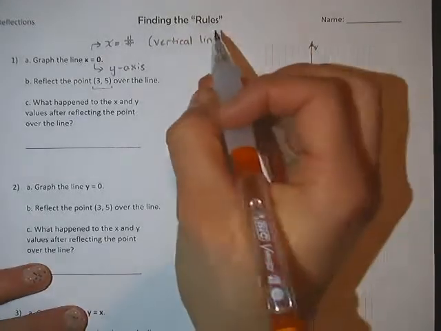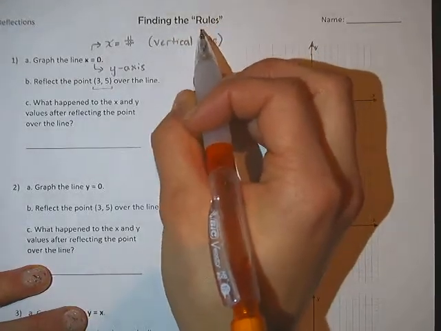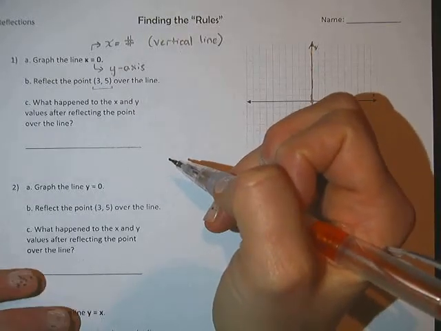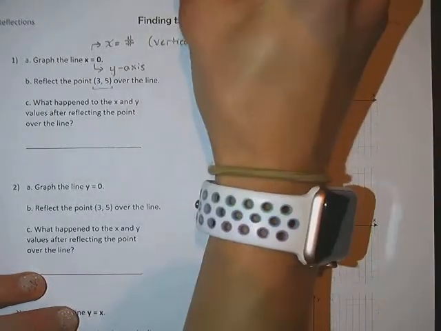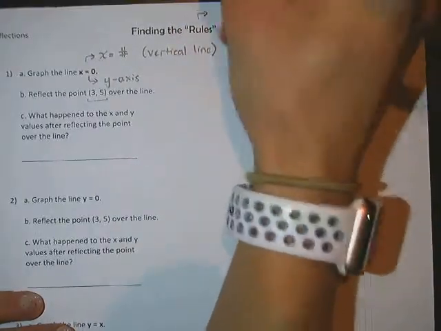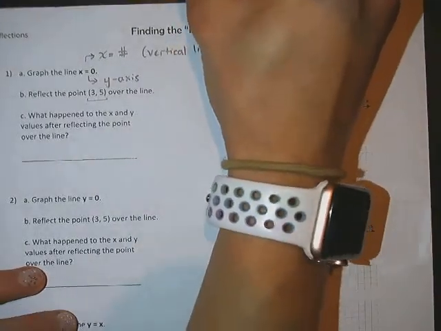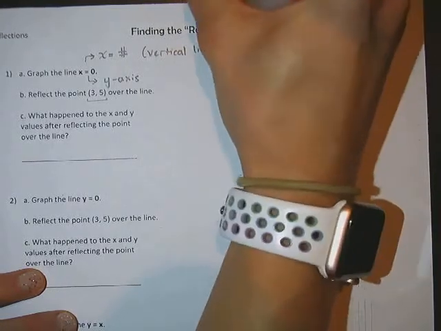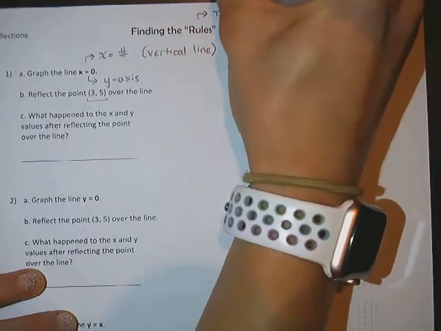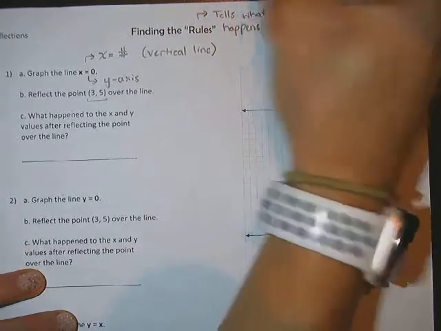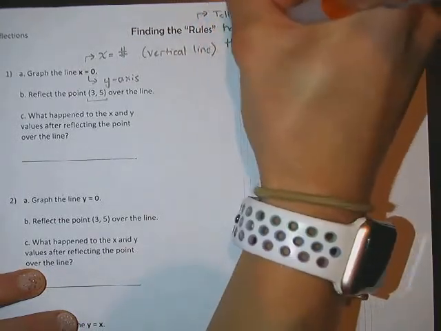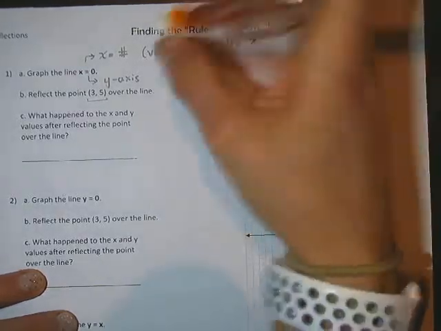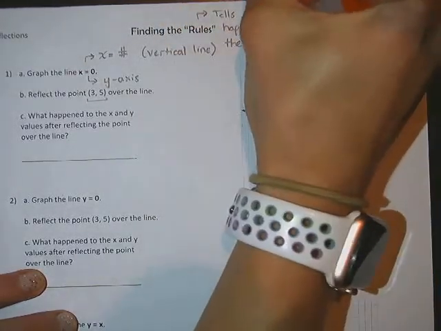Once you find the rule, remember the rule tells you specifically what happens to the x and y values. So once you have the rule, all you have to do is apply it to the coordinates in your figure.